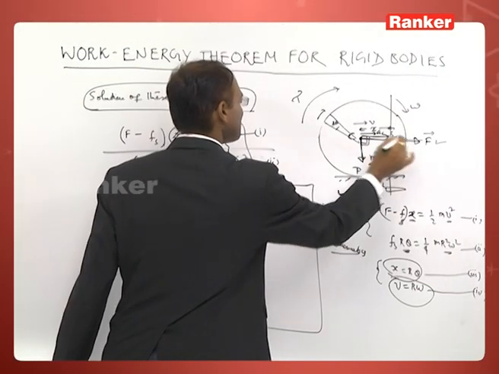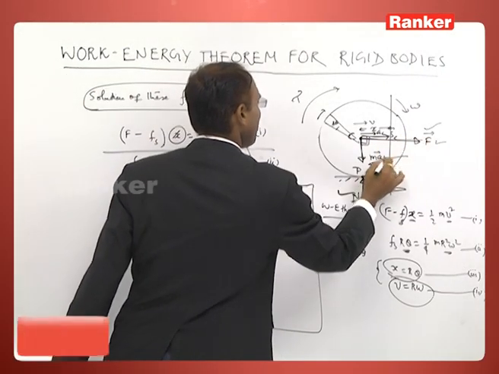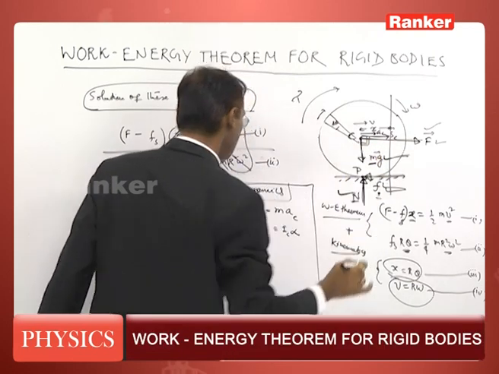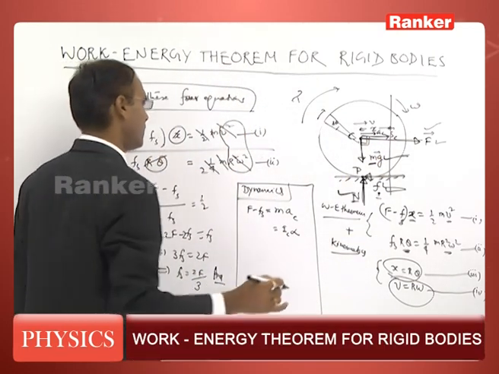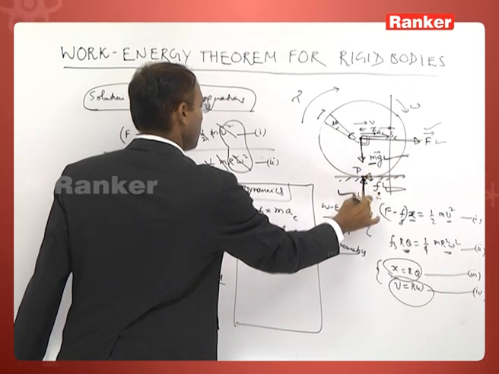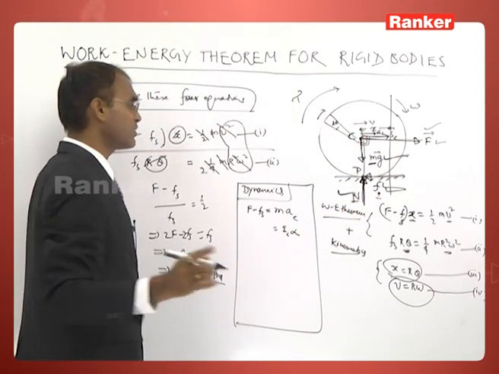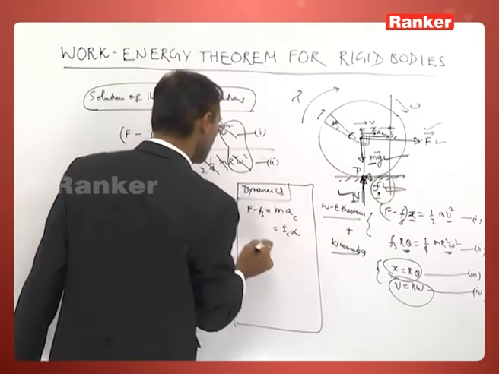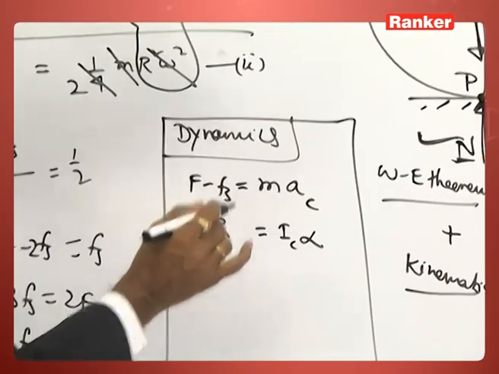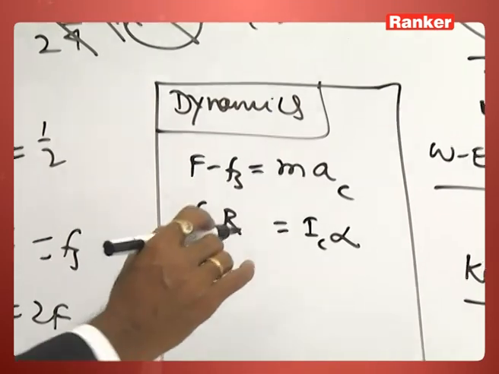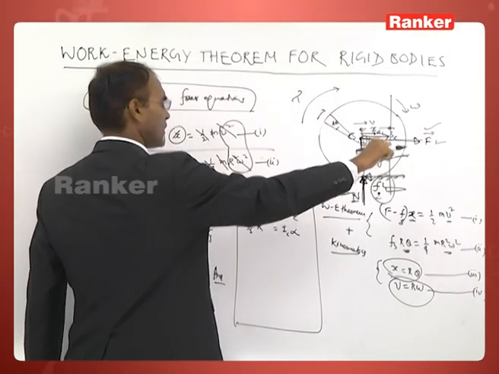These two forces, F and mg, pass through the center of mass and cannot produce any torque. The normal reaction also passes through the center of mass and cannot produce any torque. The torque is produced by the static force of friction, which is equal to Fs into R, in the clockwise sense.